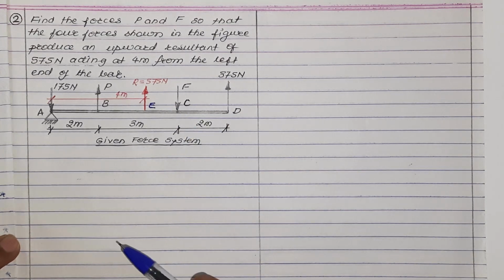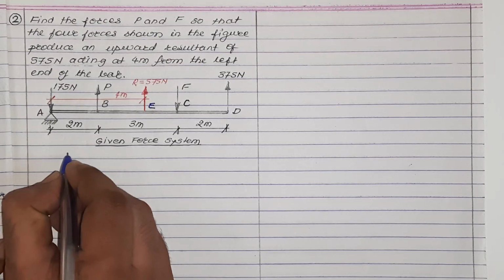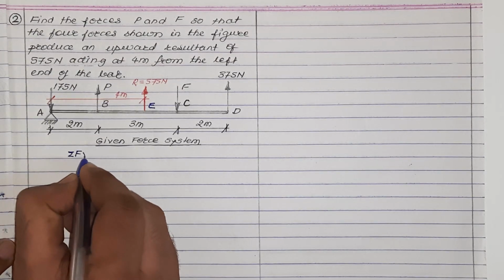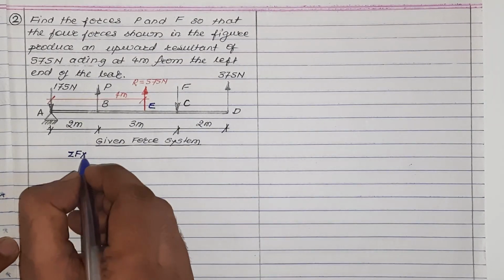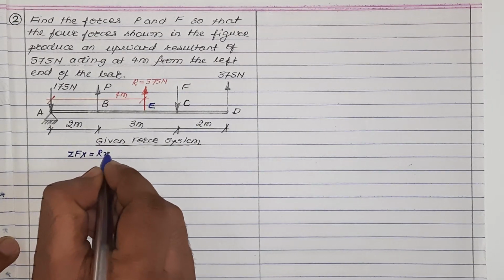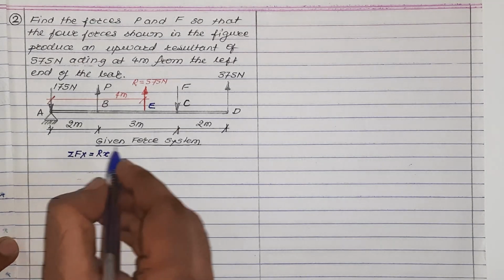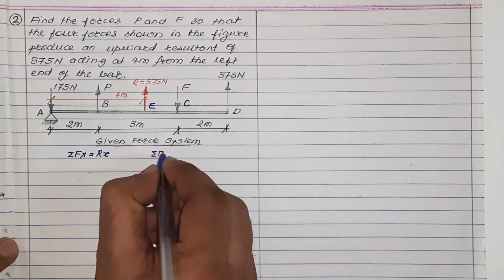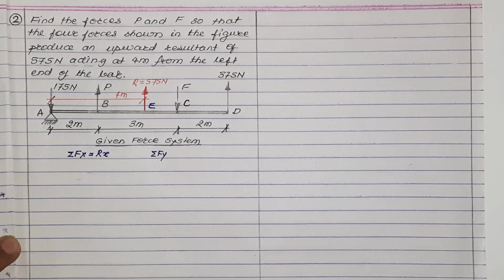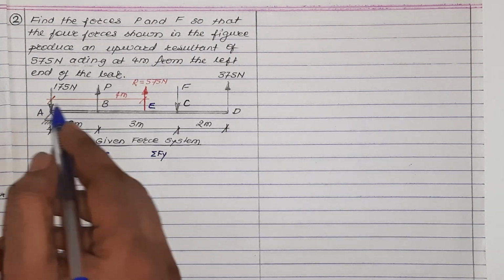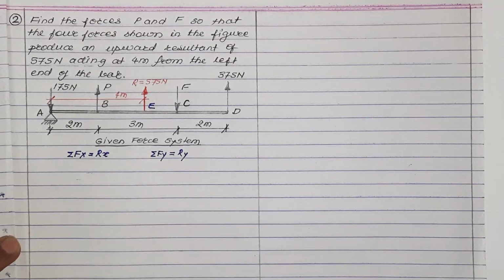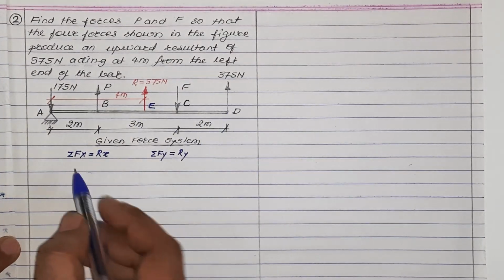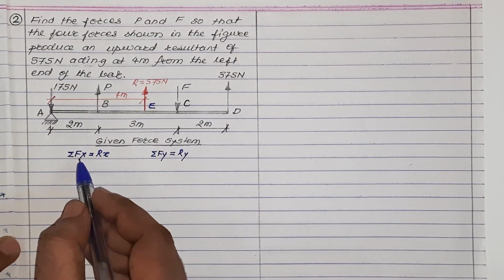Here the approach would be, we have to equate summation Fx, that is the algebraic sum of all x components of these forces, with the x component of the resultant force, and thereafter we have to equate the algebraic sum of vertical forces, these given forces, with the vertical component of the resultant force. In this case, since all the forces are vertical, their horizontal components will be 0.